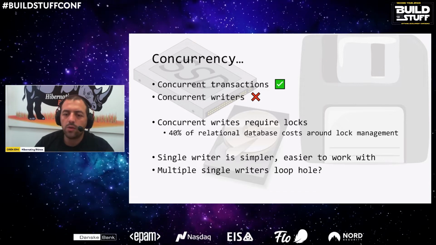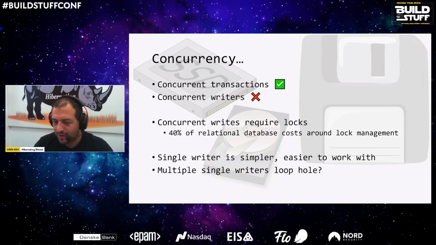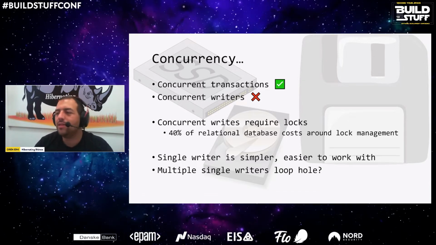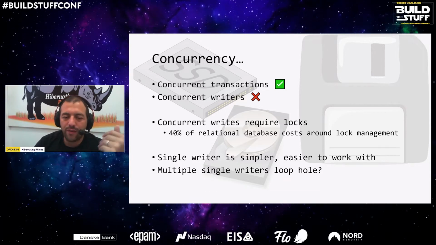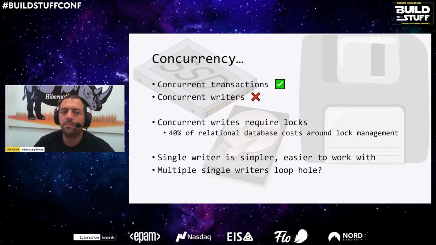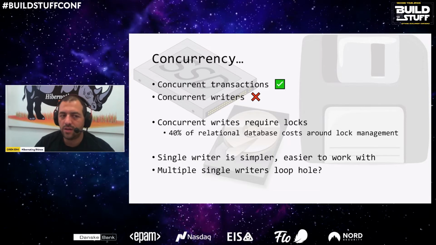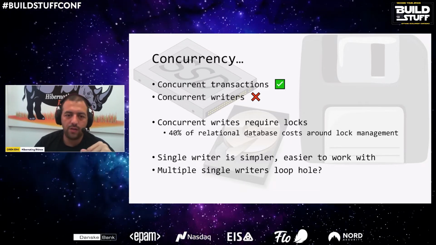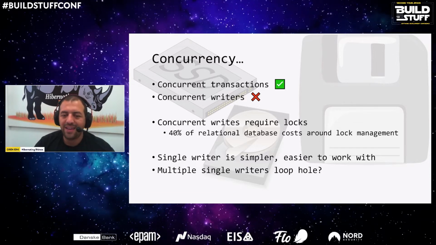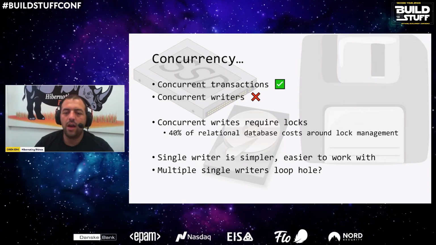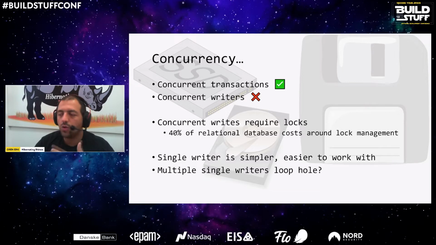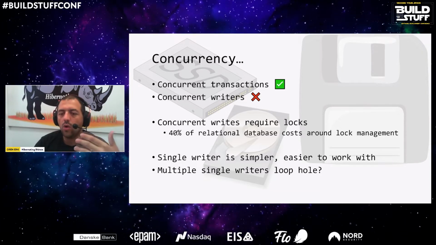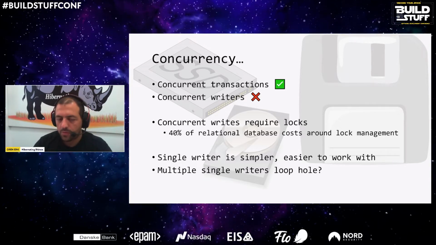It is possible to have multiple single writers. And what is multiple single writers? This is when you can divide your database into distinct sections. For example, you may have the data and indexes stored in such a way that there is no concurrency between them.